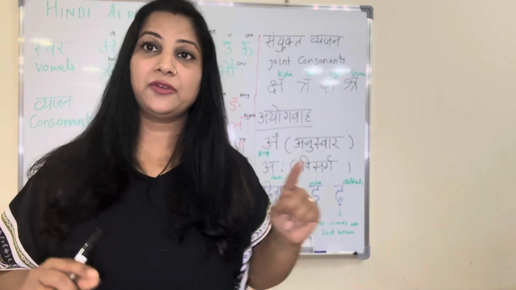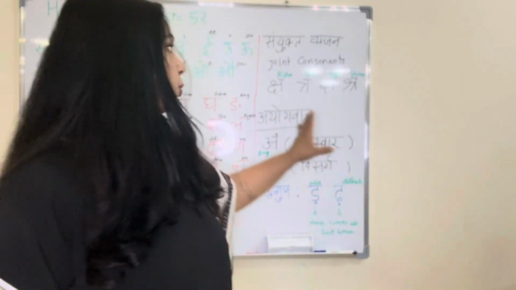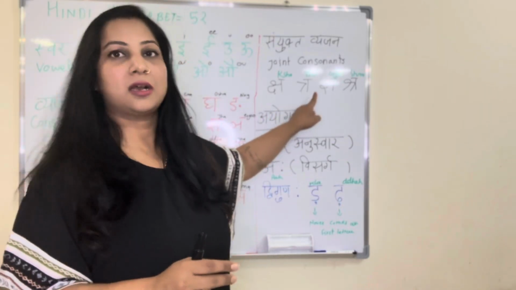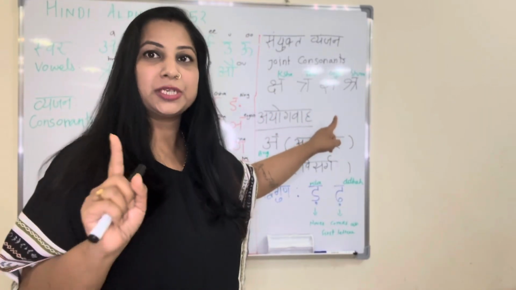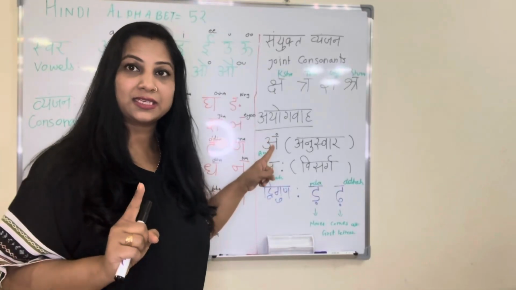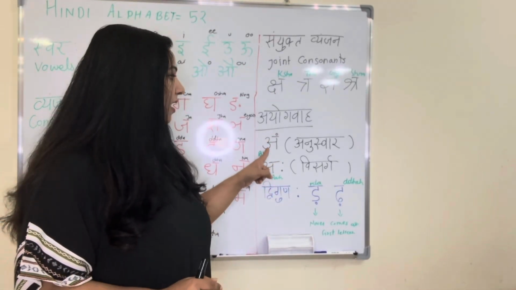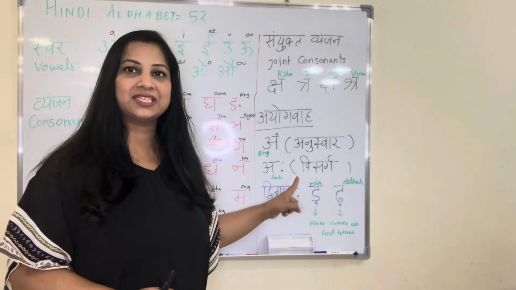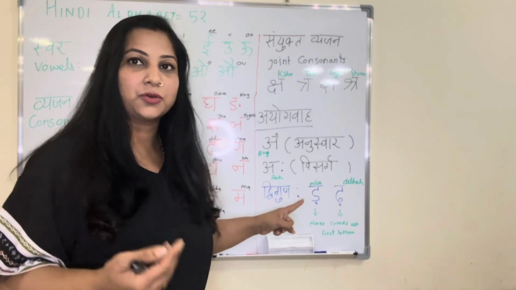I have made a reel for this also, showing which two different half consonants these letters are made from, so please do check it out. Then Ayogva, which I explained yesterday in my video, which is Ang, Anuswar, and Ah, Visarg, which gives the ha sound.